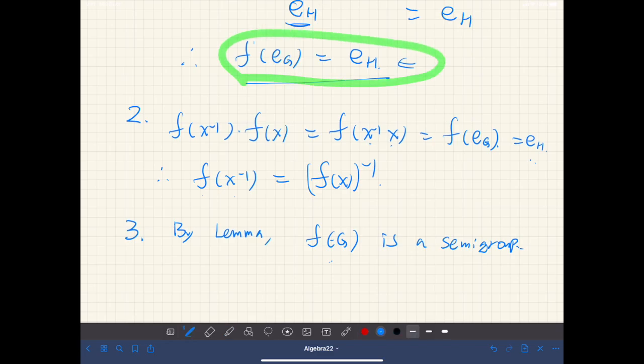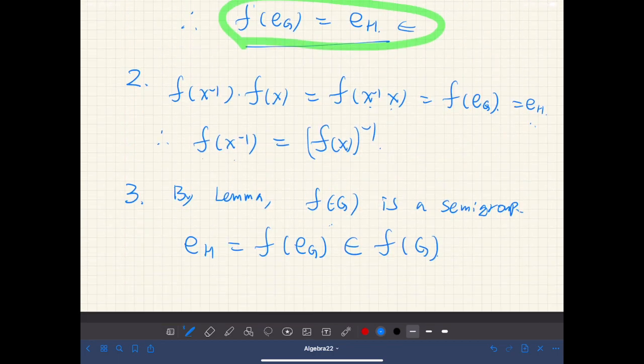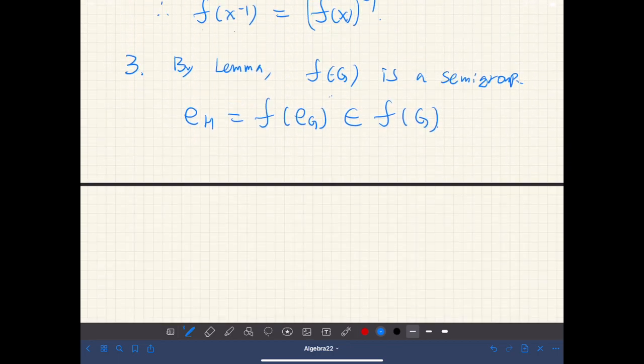The identity element E_H of H is the image of the identity element of G, which is of course an element of f(G). Therefore, the identity element exists.